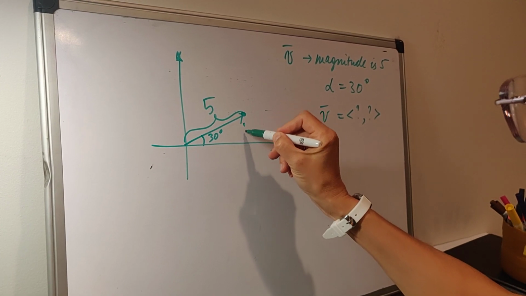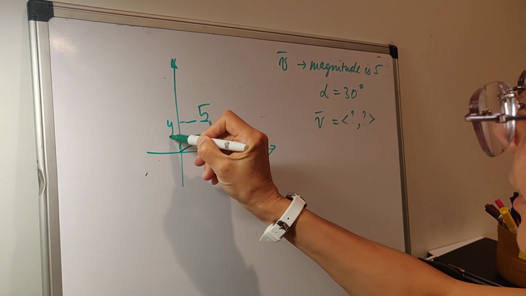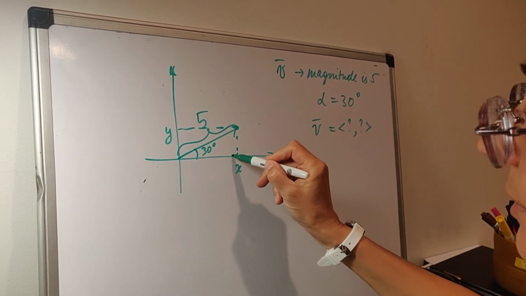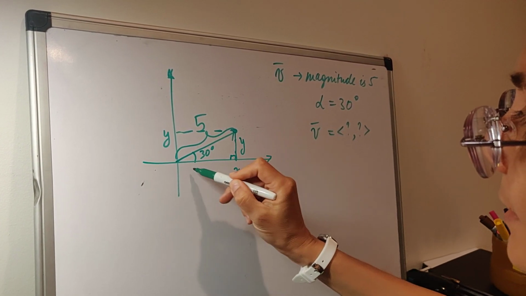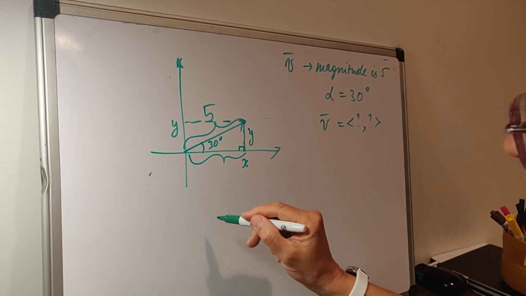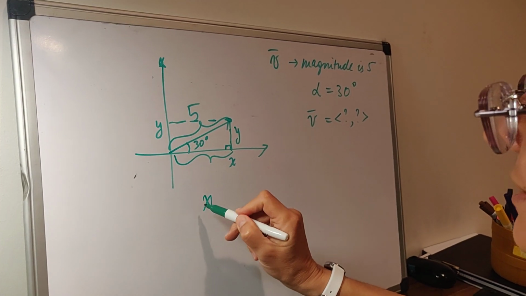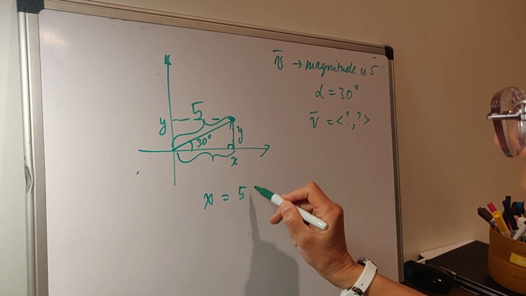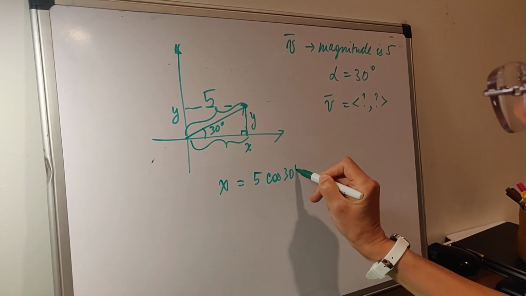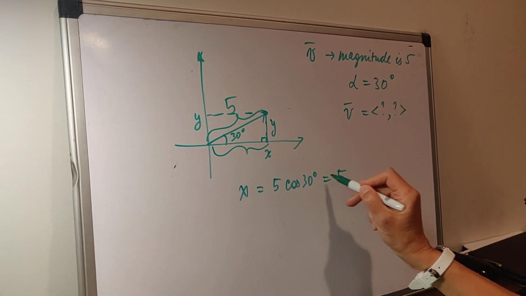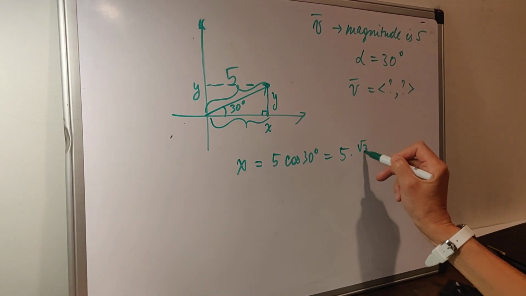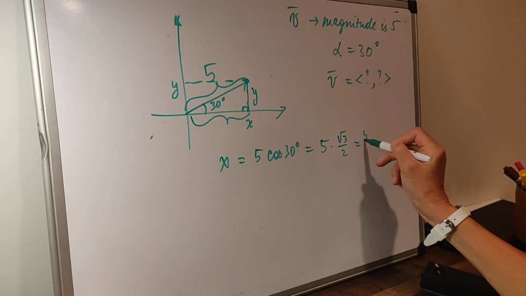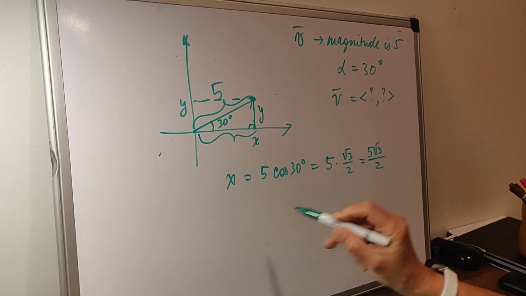What we need to know? We'll need to know x here and y here. Well, again, we are going to have a right triangle, right? So x is adjacent side. You will remember that adjacent side equals hypotenuse 5 multiplied by cosine of the angle, which is going to give us what? Cosine of 30 degrees is square root of 3 over 2. Still remember our table, so it's 5 square root of 3 over 2.